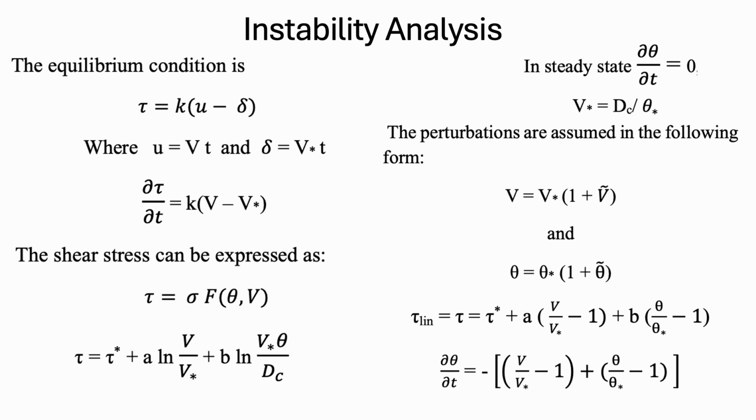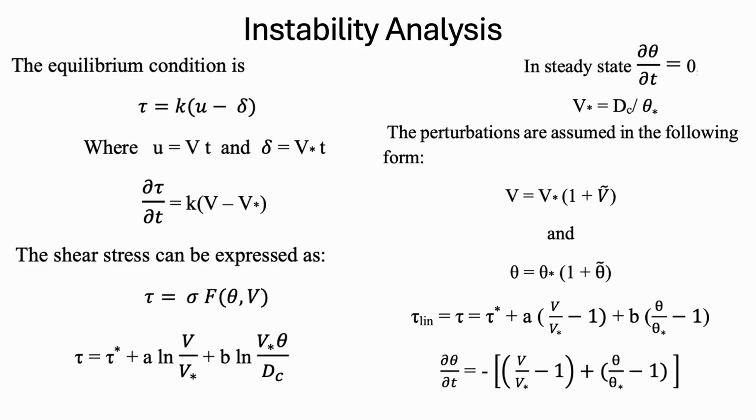And now we use these two equations and we linearize the rate and state formulation for shear stress using a very simple Taylor series expansion, eliminating all the nonlinear terms and considering only the linear terms. We do this both for the rate and state friction formulation and also for Andy Ruina's aging law.